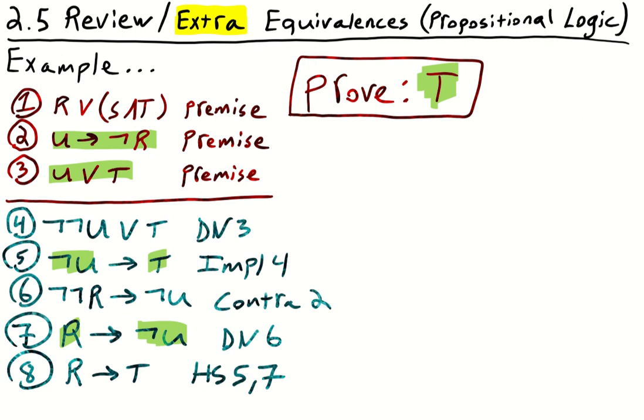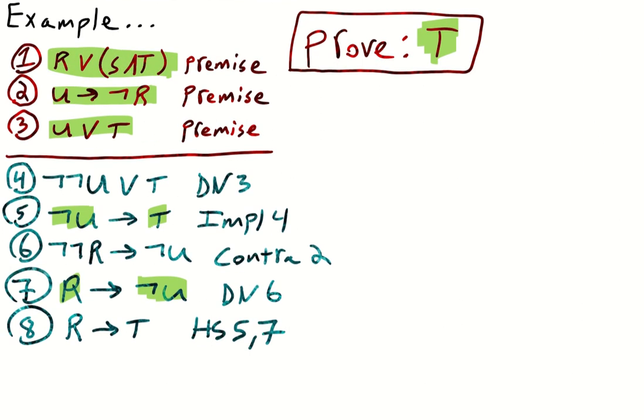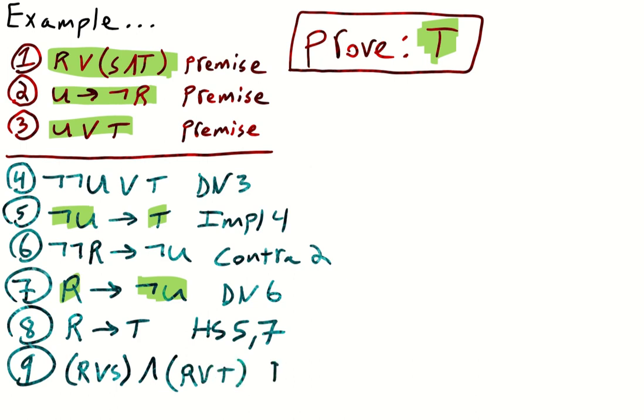So we will do the distribution law on line 1 to get an equivalency. Hence for line 9, we have (R or S) and (R or T), distribution, line 1.